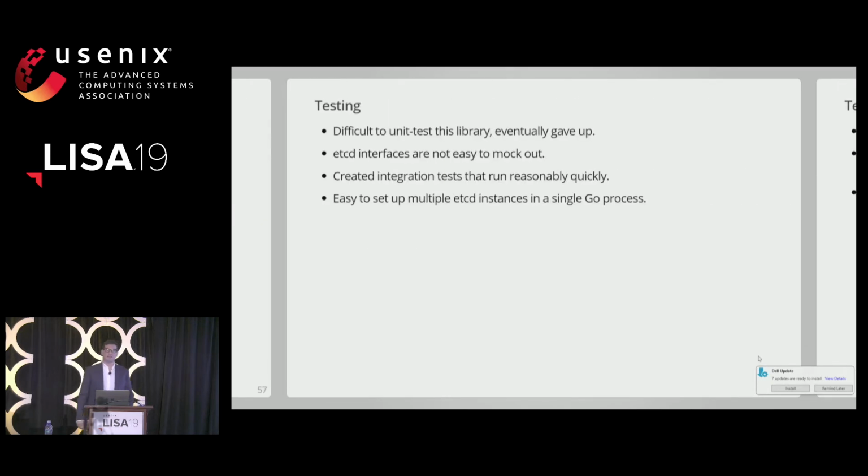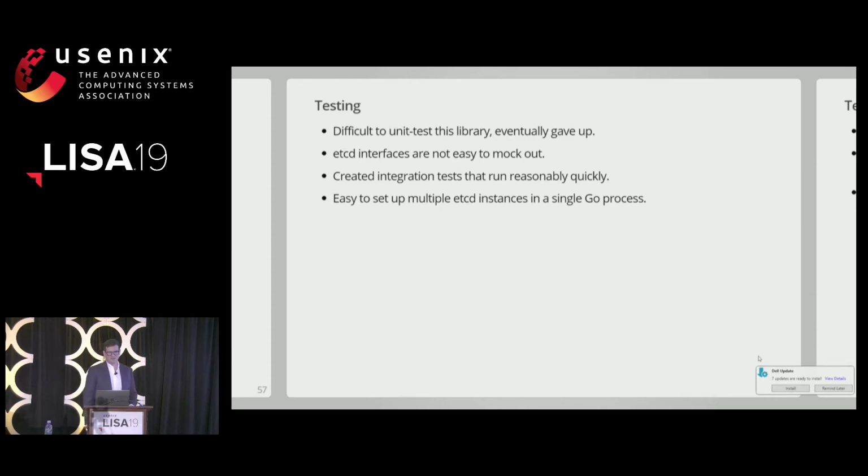Even though it's a simple mechanism, I had trouble testing it. The etcd client library is hard to unit test. I tried for a long time, and I eventually gave up. The interfaces aren't easy to mock out. But I did manage to make some integration tests that run pretty fast. You can spin up an etcd instance in a Go test in like 10 seconds or less.